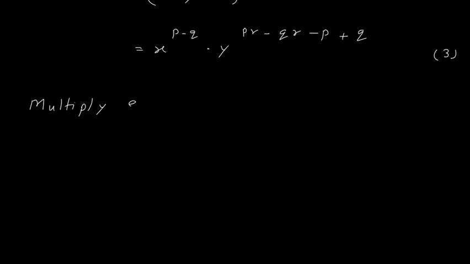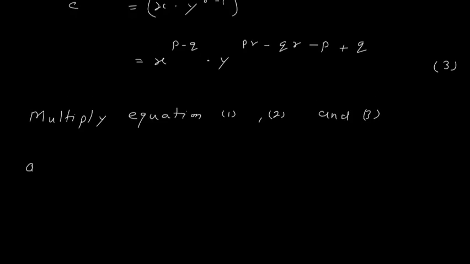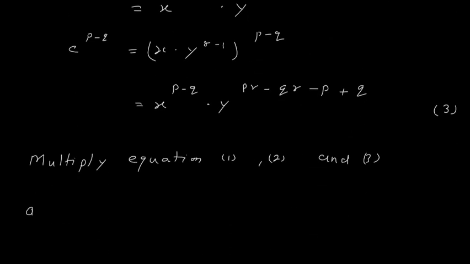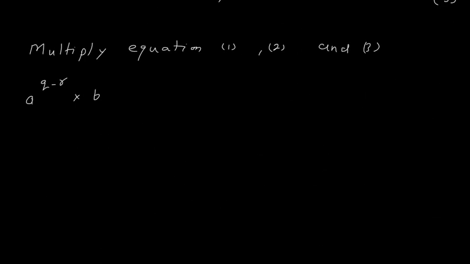So here I will say that multiply equation 1, 2 and 3. So when we multiply on left hand side we will get A power q minus r into B power r minus p into C power p minus q.